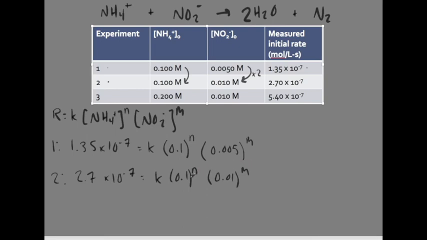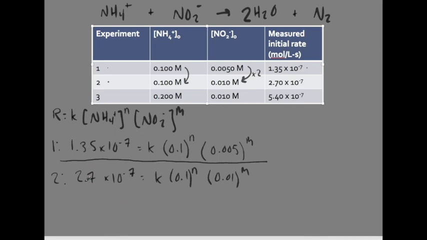Now, here's what I can do. I can make a ratio between these two rate laws. I can divide them. And when I divide them, I'm going to get some things canceling out. So let's just go ahead and do this. Let's divide 1 by 2. And let's see what I get.